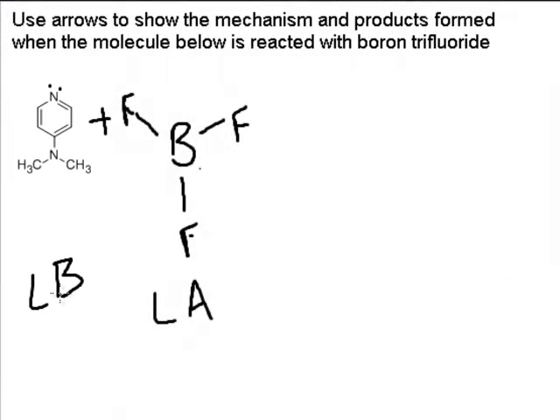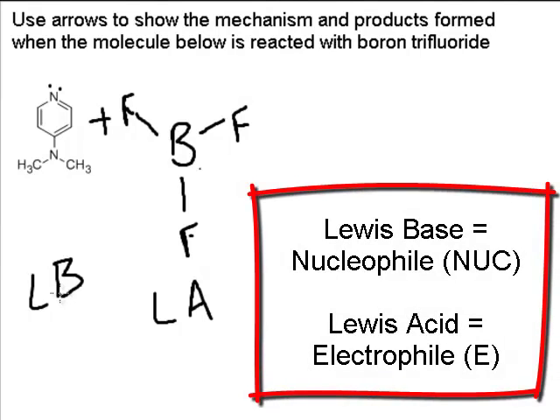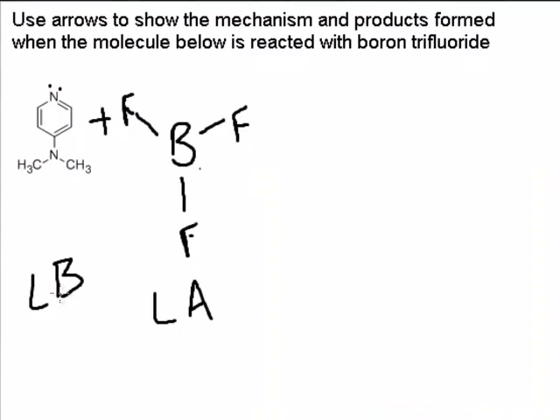And often, later in the course, you may hear the Lewis base being called a nucleophile. The Lewis acid you'll hear called an electrophile. So what we know about a nucleophile and electrophile, just like a Lewis base and Lewis acid, is that the electrons flow from the nitrogen, the Lewis base, to the boron, the Lewis acid.